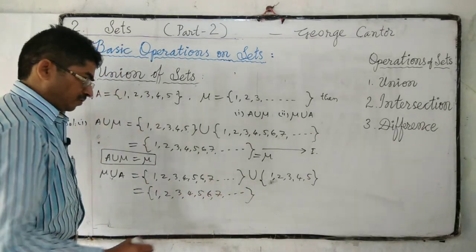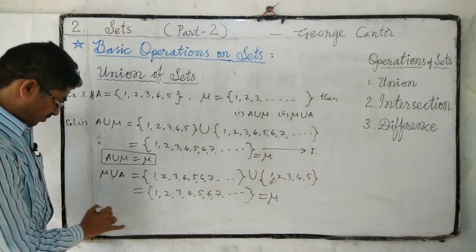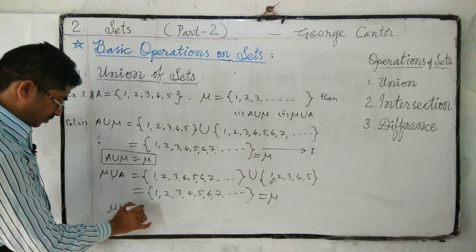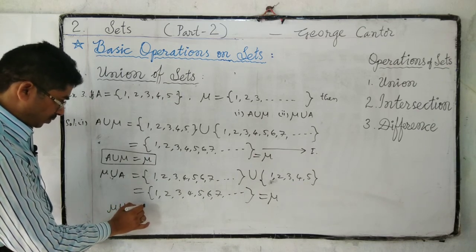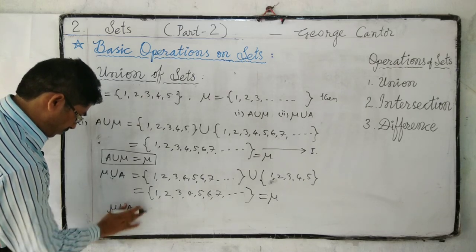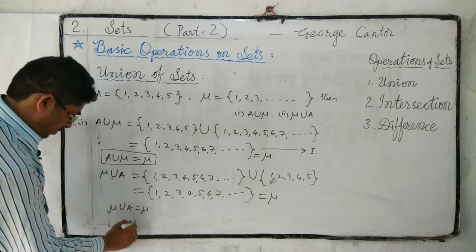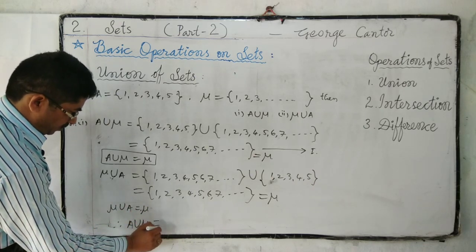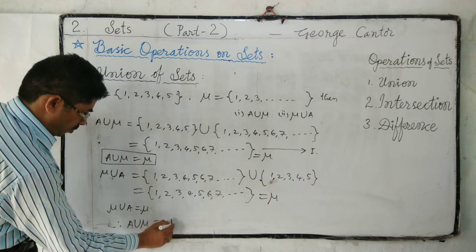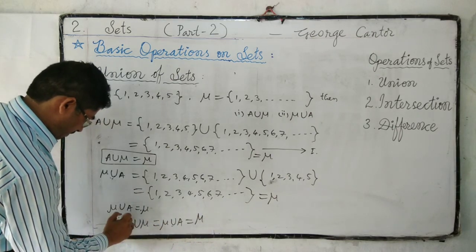In this also we got mu only. So what we observed, mu union A is equal to mu only. Overall, A union mu is equal to mu union A, which is equal to mu only.